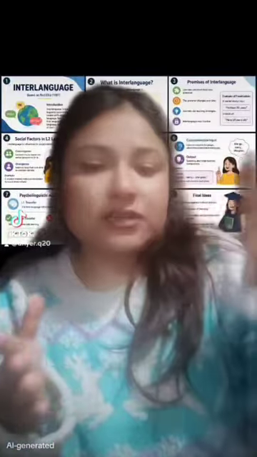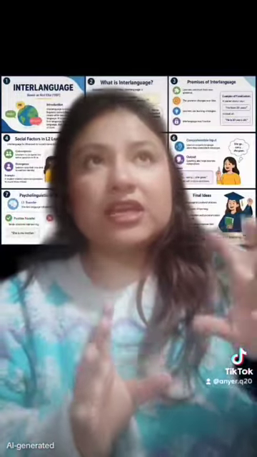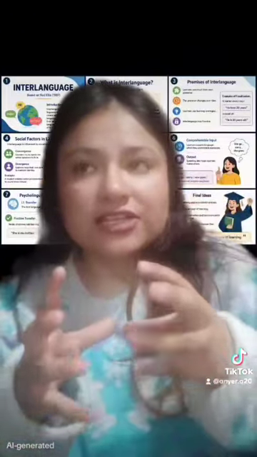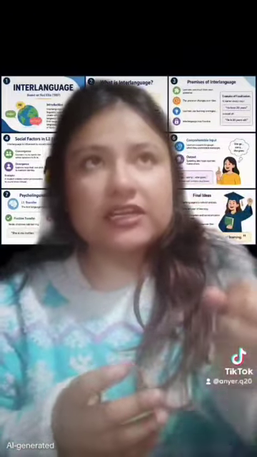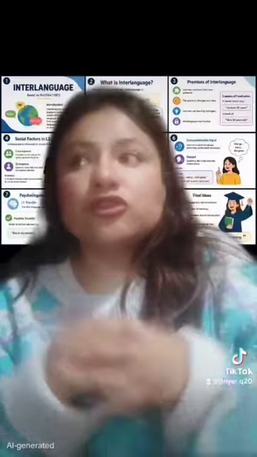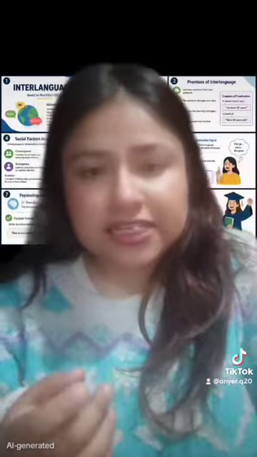Intake is when they select the most important information about structure and vocabulary. L2 knowledge is the organized practice from intake, and output is your use of the second language in writing and speaking.